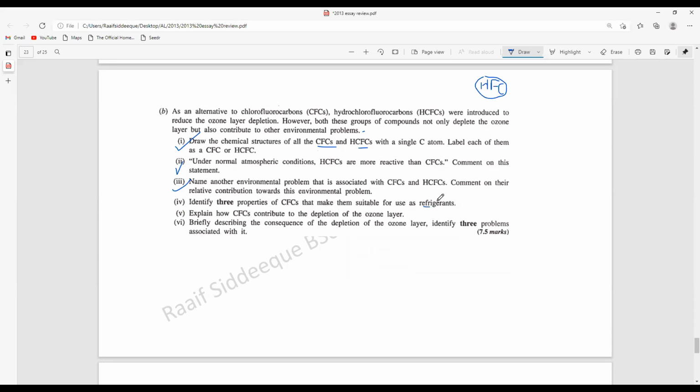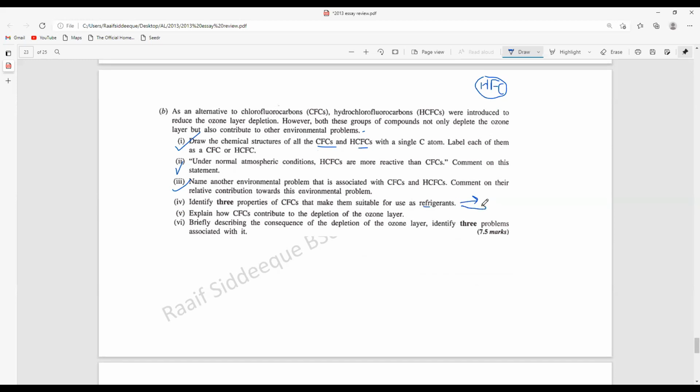Normally we use it because it is mostly chemically inert. That is the important thing when you use these for refrigerators, because these are typically the cooling agents. So this is inert, and with low viscous nature.